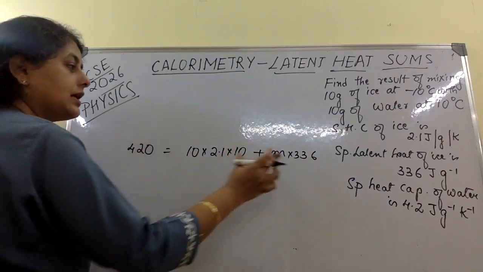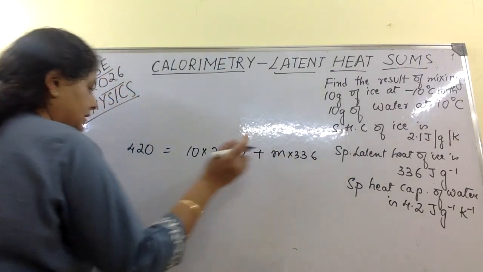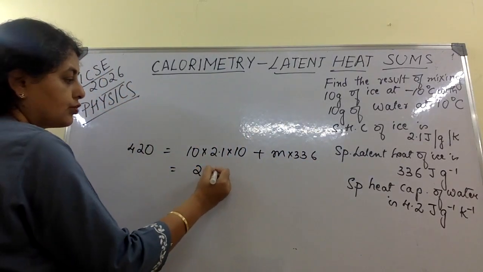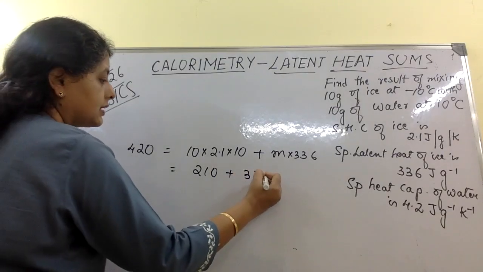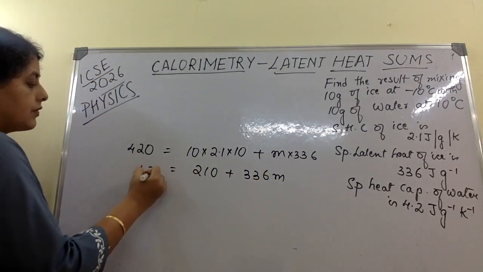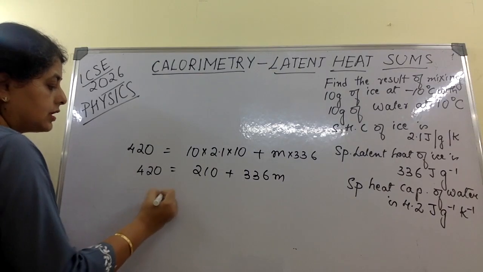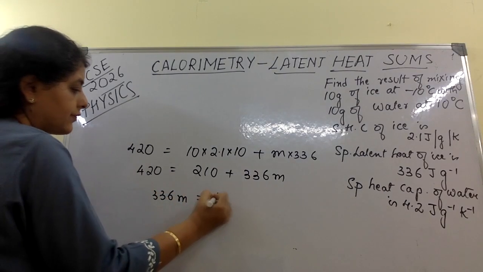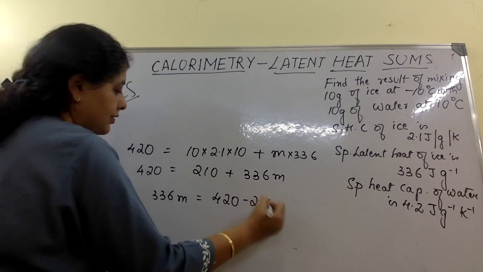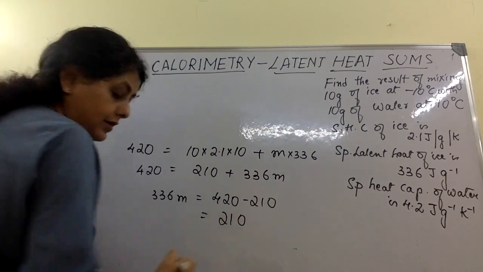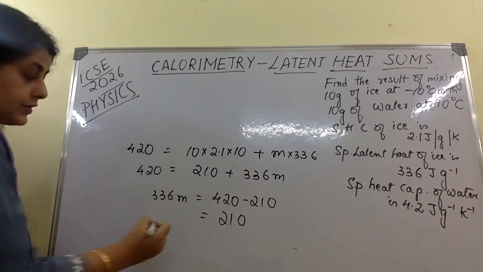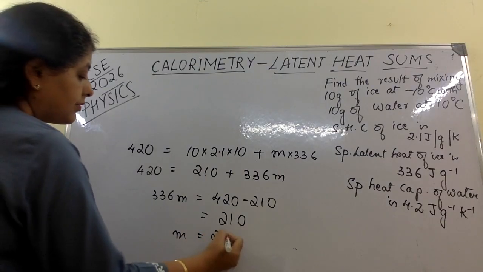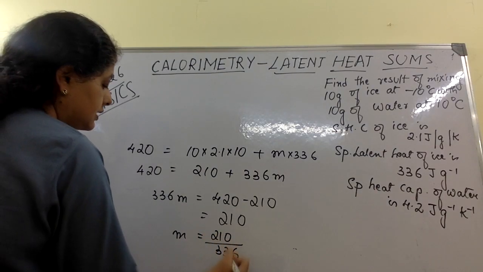So we will only take the heat taken up by this much of ice. How much is it? It is 210 plus 336 m, which is 420. So 336 m is 420 minus 210, which is 210. So the mass is 210 by 336.